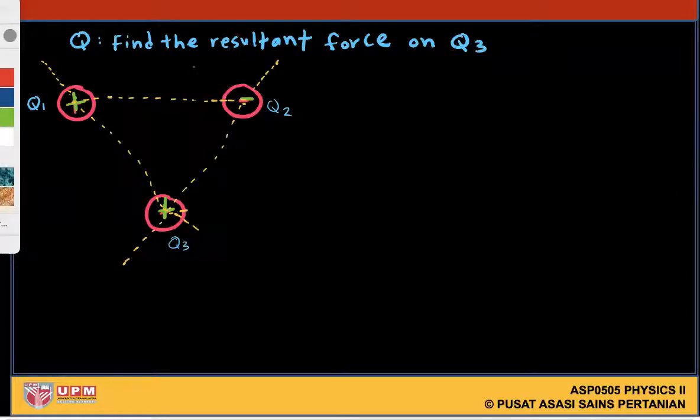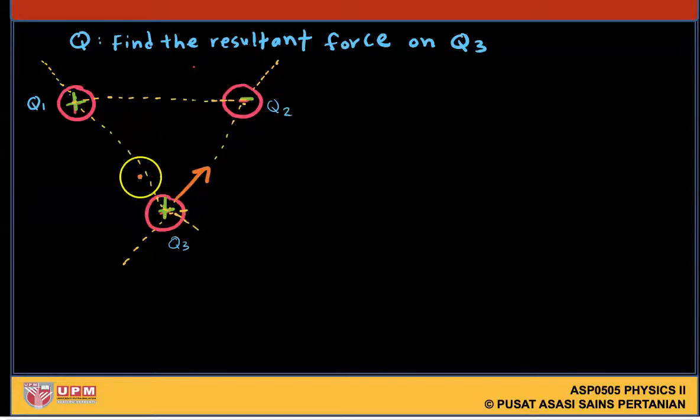And the next step would be to draw the direction of forces, and you decide that by determining whether it is repelling or attracting. Okay, so I want to know what is going on Q3. So Q3, how do you feel about Q2? Oh, I'm attracted to her, so going there. Q3, how do you feel about Q1?